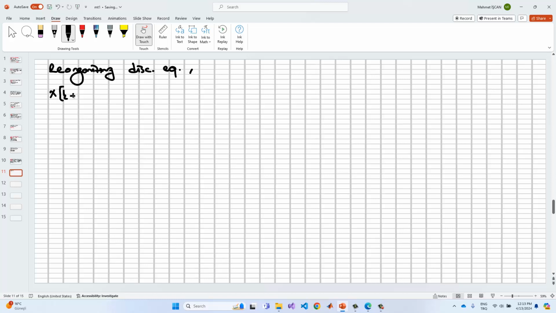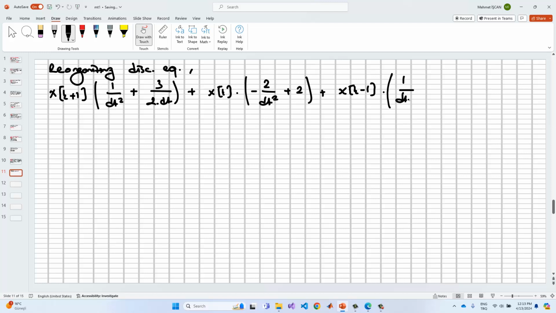We must firstly collect all the terms related to xk plus 1, which equals 1 divided by dt square plus 3 over 2 dt, plus xk times minus 2 over dt square plus 2, and plus xk minus 1 times 1 over dt square, minus 3 over 2 dt.